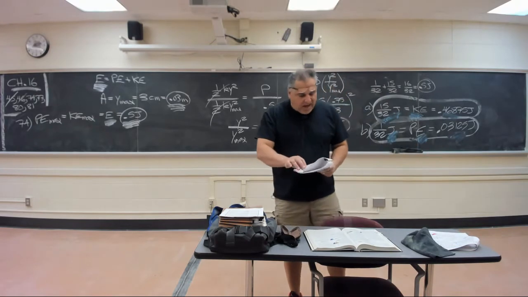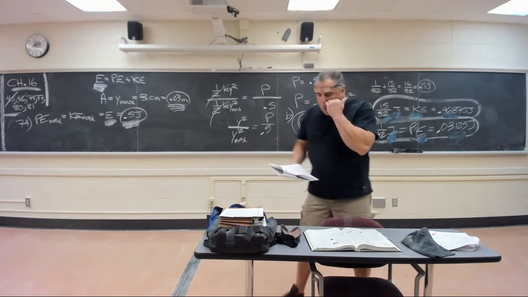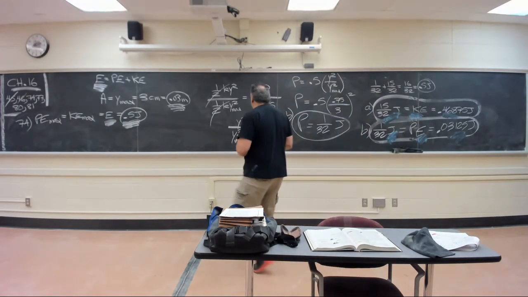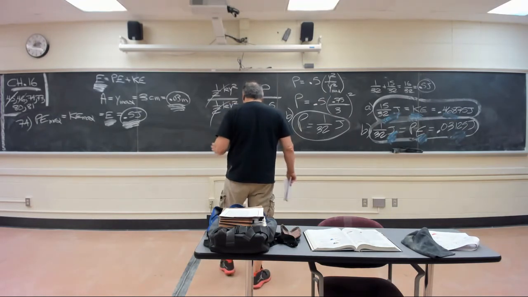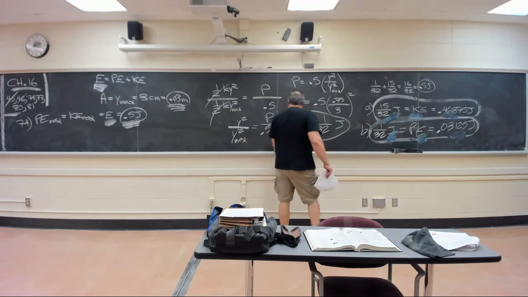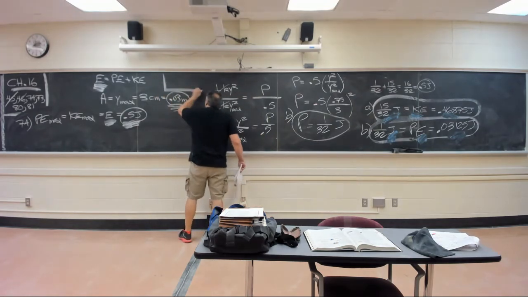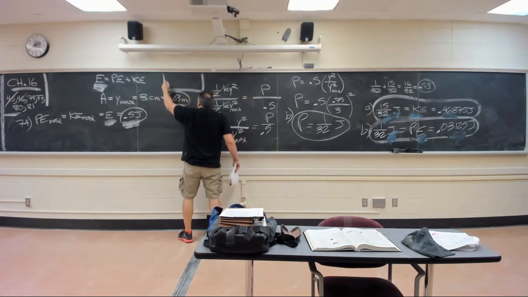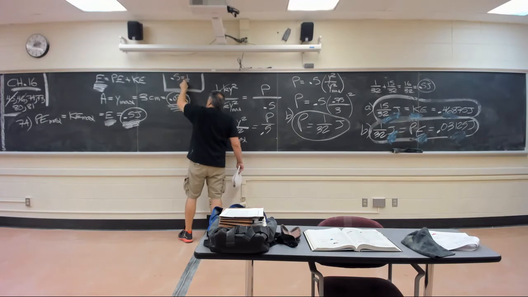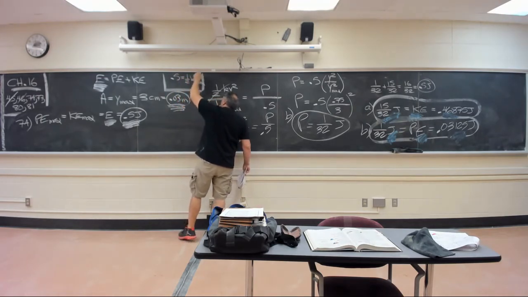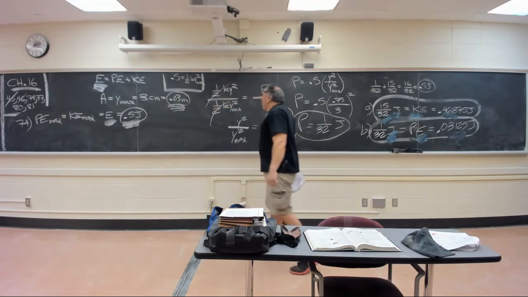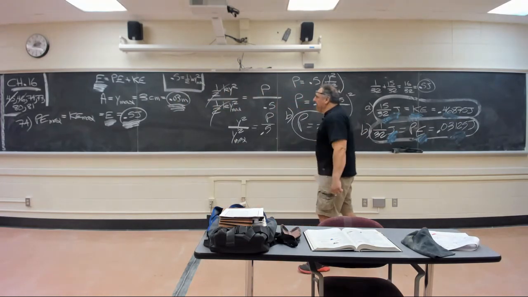You could have found what k was, if you wheel and deal with the mathematics. Nobody's really asking us this, so who cares. But you've got 0.5 is the max energy, and you've got 1/2 k y max squared. 1/2 k y max squared is 0.5.